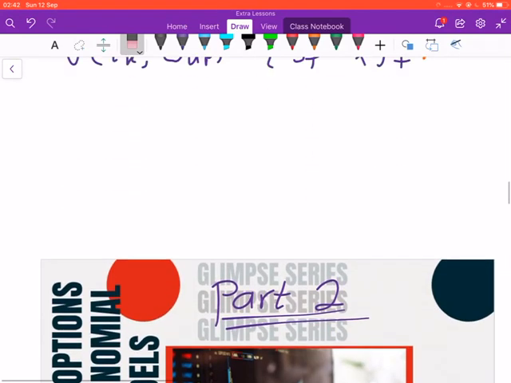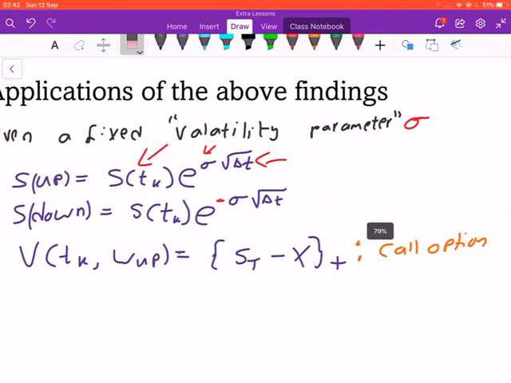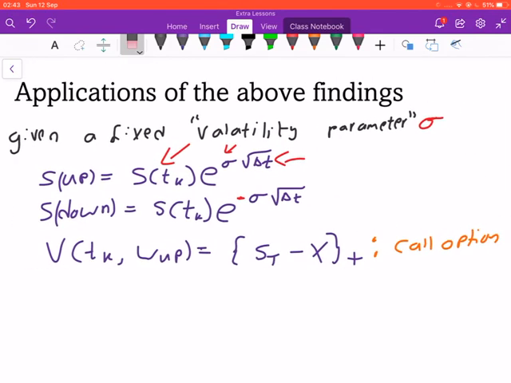So yeah, I think this is where I will end. Just to recap, we tried to find a replication strategy such that we will find the value of an option in both up and down states of the market, because we are using a binomial model.